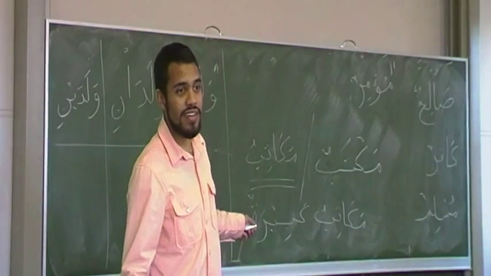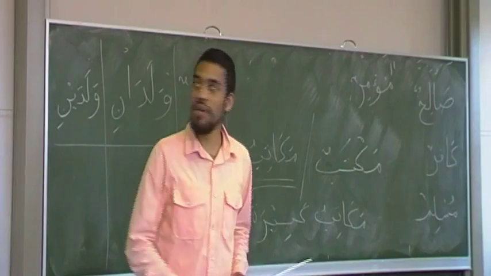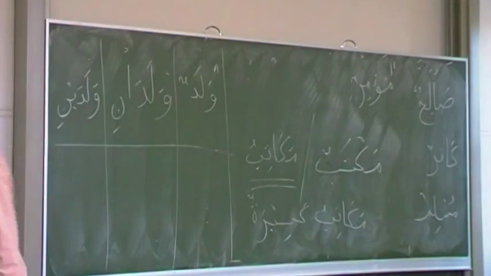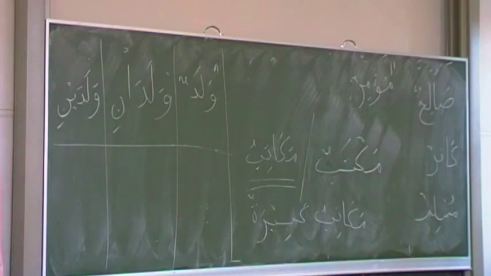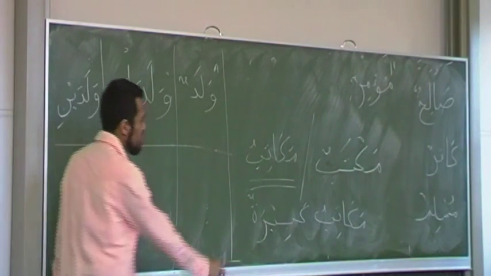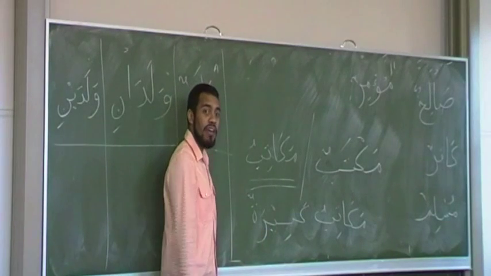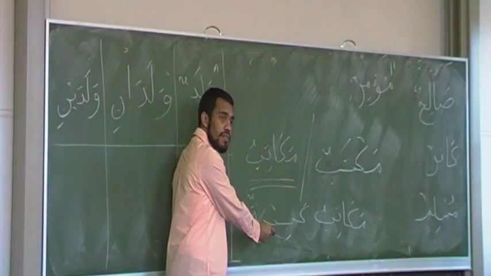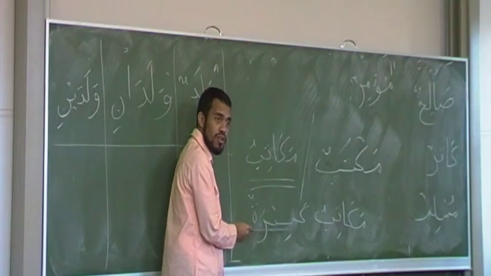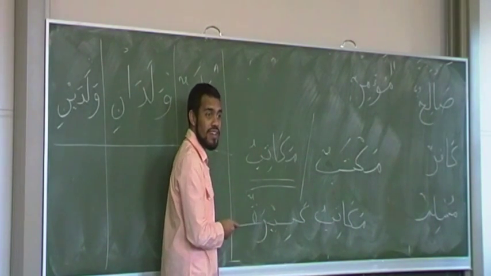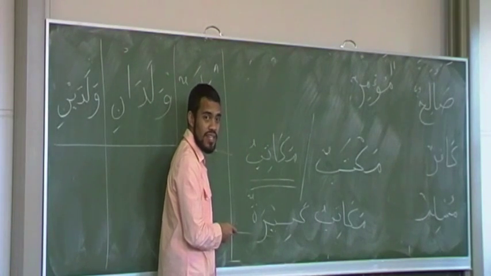But what do I mean by unintelligent beings? Wahid mu'annath, it must be described as singular and feminine. Even though I have a plural word, I must describe that plural word with a singular noun, right?